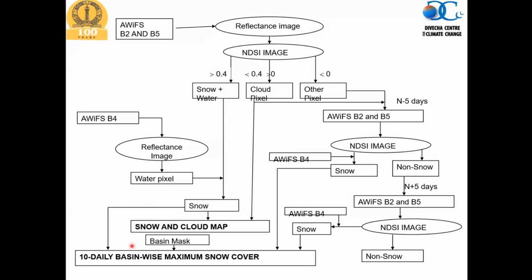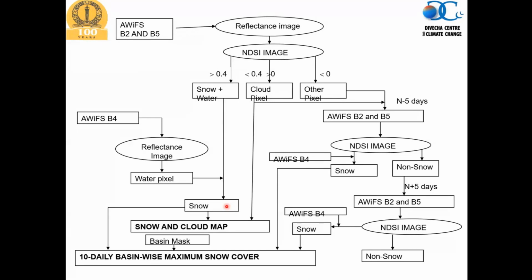So this is how you do, and then you have a 10 daily basin wise maximum snow cover. Why is that? Because once you identify any pixel as a snow pixel, you are not going to examine that pixel again.